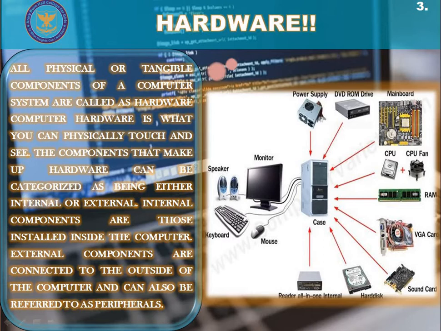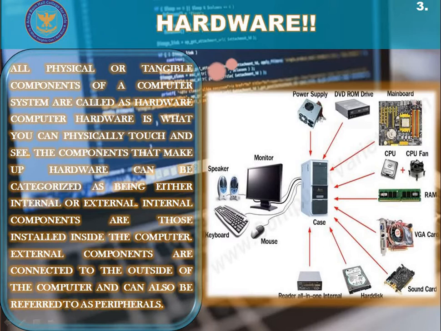Internal hardware components are those installed inside the computer, like an internal hard disk, a motherboard, a RAM, a CPU, a power supply, etc. These components are basically installed inside the system unit of a computer. External components are connected to the outside of the computer and can also be referred to as peripherals.